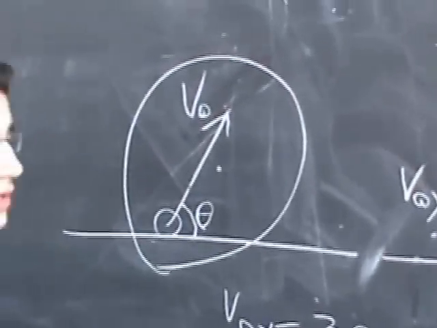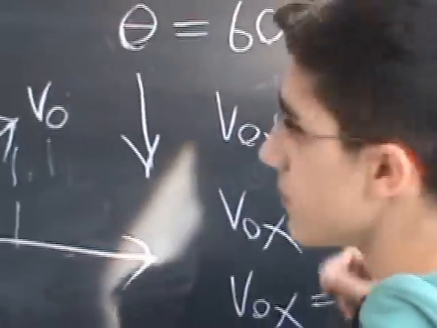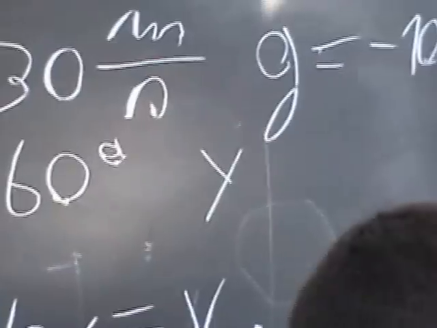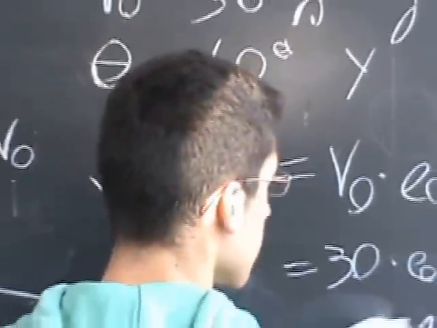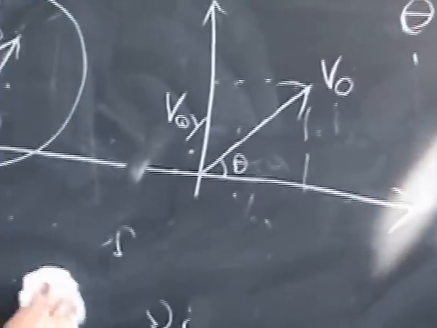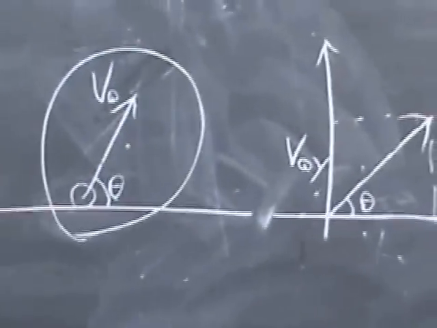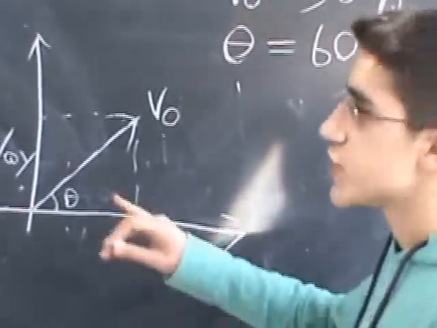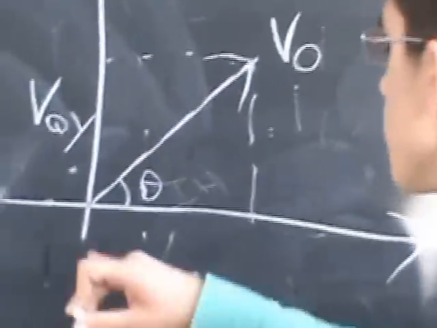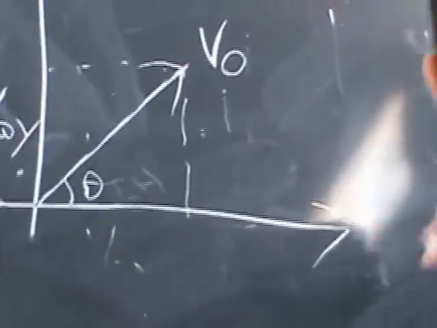Now we'll be asked to find, for example, the maximum height, which is y. We are now going to calculate in how much time the object that is thrown covers the distance to reach the maximum height.